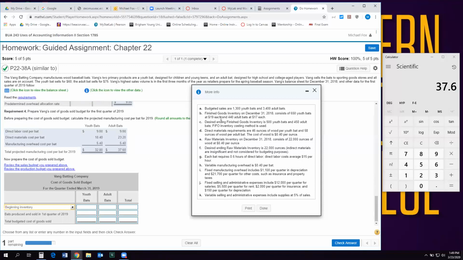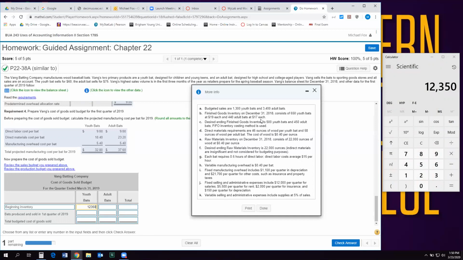So in our beginning inventory we had 650 youth bats at $19 each. So the cost of those bats was 650 youth bats times $19 each, or $12,350. And then our adult bats, we had 440 of those bats at $17 each.